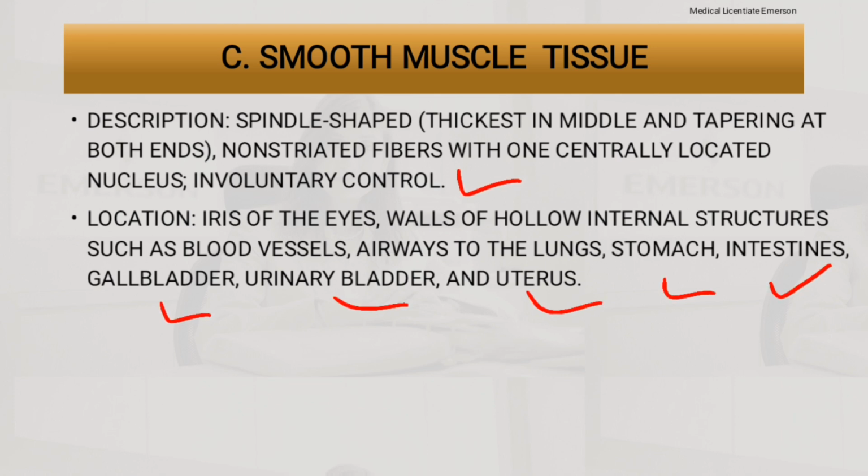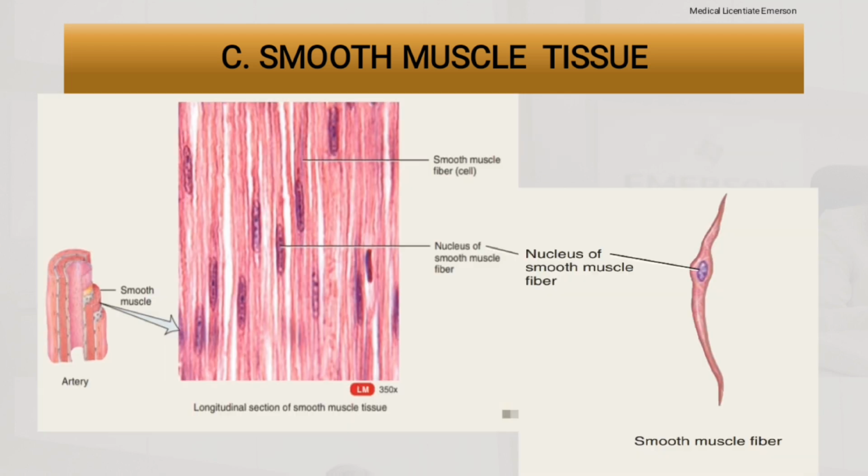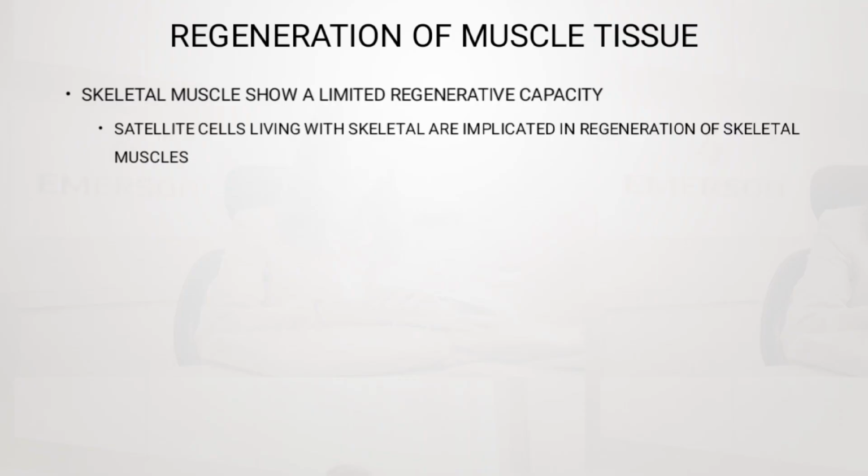That's the location of the smooth muscle. Then the function: they act for motion, such as in constriction of blood vessels and airways, propulsion of food through the gastrointestinal tract, and contraction of the urinary bladder and the gallbladder. Okay, this is also another longitudinal section of the smooth muscle tissue from the arteries.